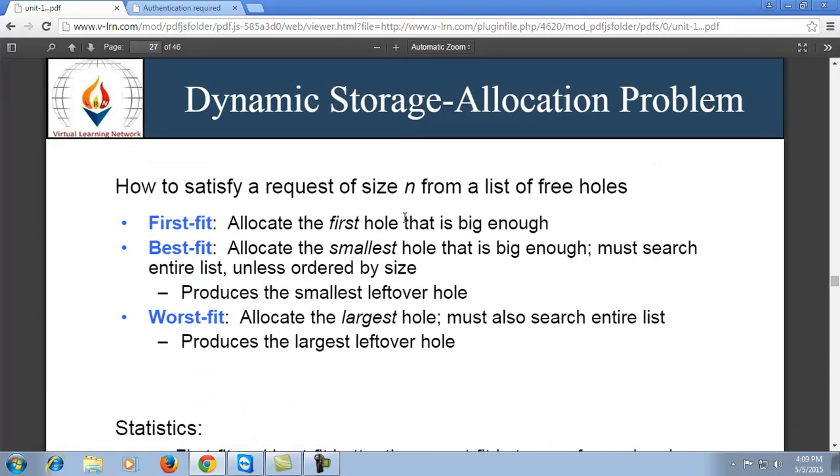Now, the dynamic storage allocation problem is the following: how to satisfy a request of size n from a list of free holes. Suppose we have a number of options for allocation of memory, like first fit. In the first fit case, we store the data in a particular location where the data can be entered.